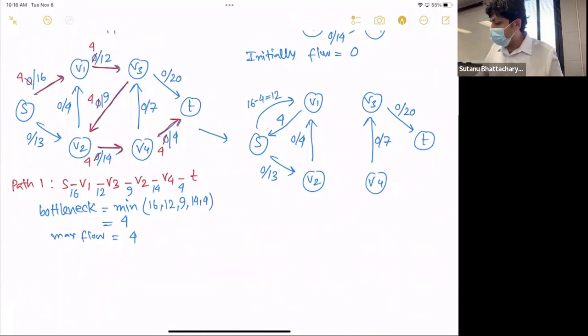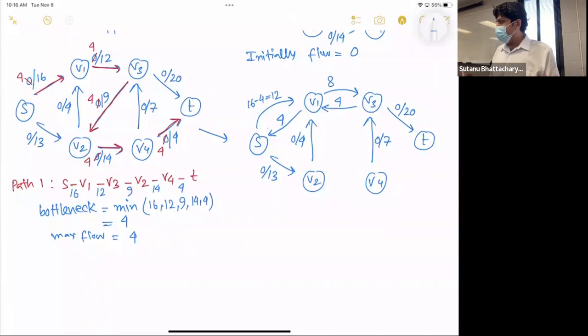Similarly, V1 to V3, what is the forward edge? The forward edge is the remaining capacity. So 12 minus 4, 8. Is it clear so far? So what is the back edge? That means how much you can undo. 4, right.